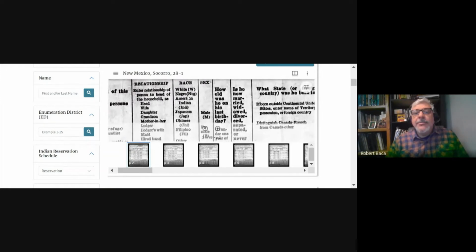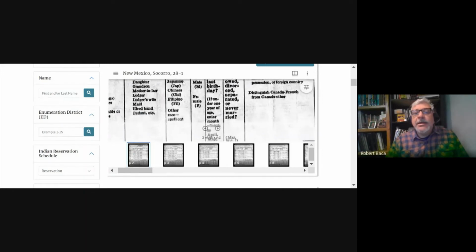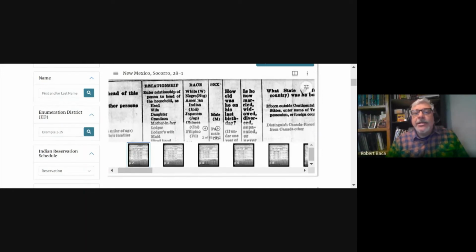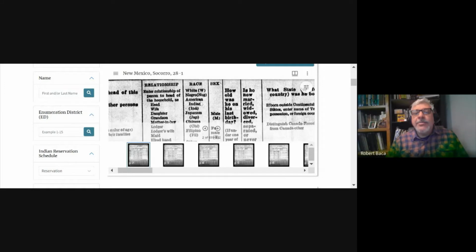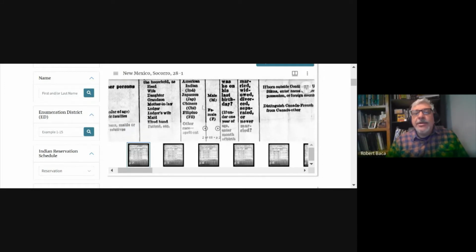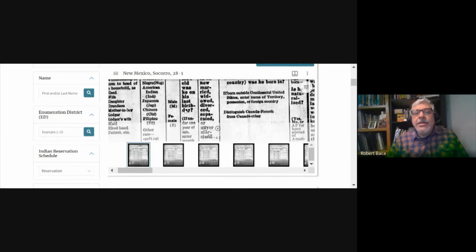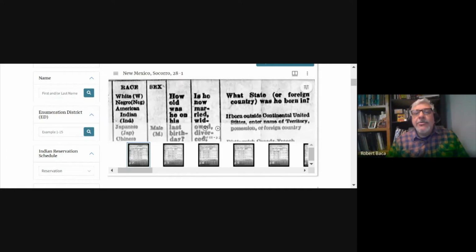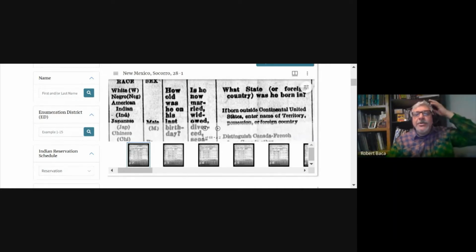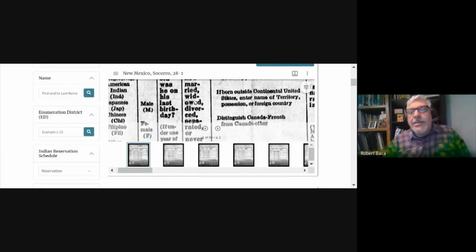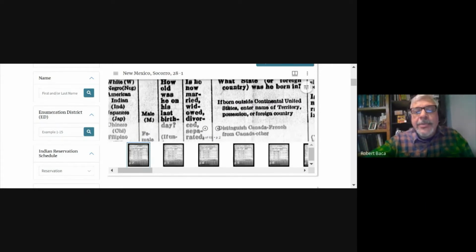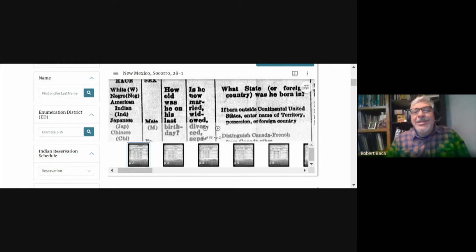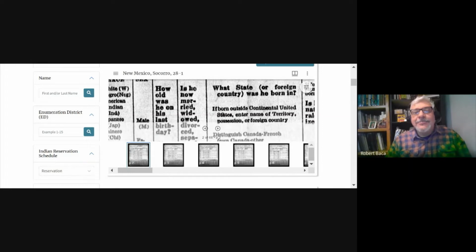Okay. Race. You have white, Negro, American Indian, Japanese, Chinese, Filipino, other race spell out. Male and female. How old was he on his last birthday? And like they did a long time ago, they make this not gender specific. He means anything other than actually he.